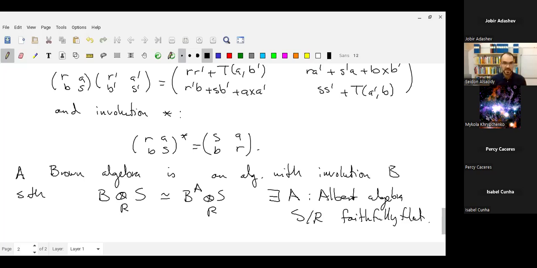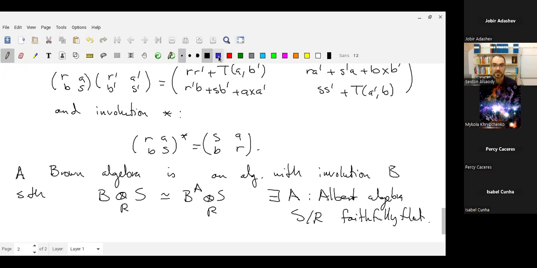So these Brown algebras are algebras in their own right, but we will use them in the context of Freudenthal triple systems. So what we now have is some sort of algebra with involution.